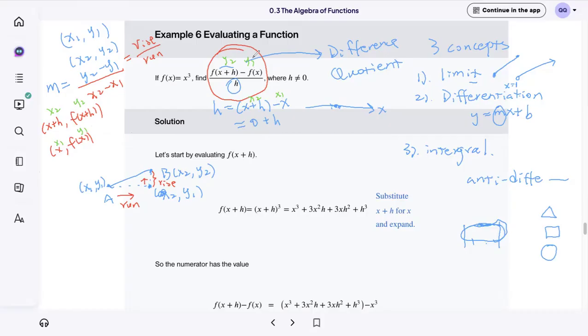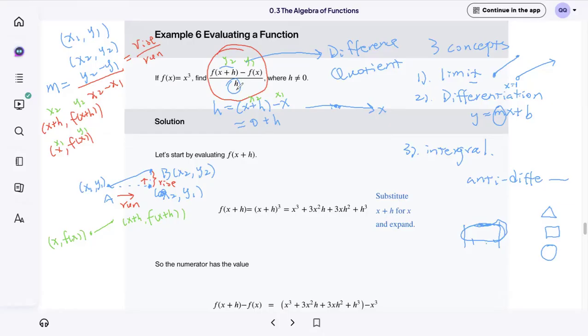So it's still the slope formula. It's still considered the rate of change. The rate of change from x, f of x, to the point of x plus h, f of x plus h. Right, still the slope formula.